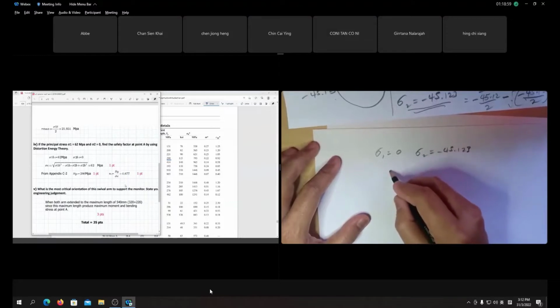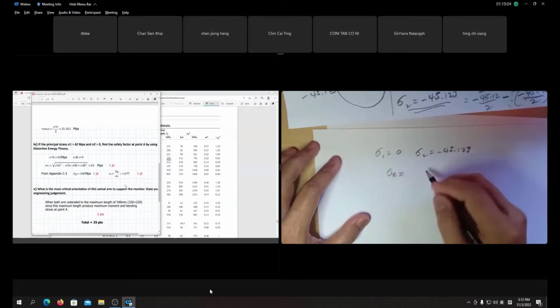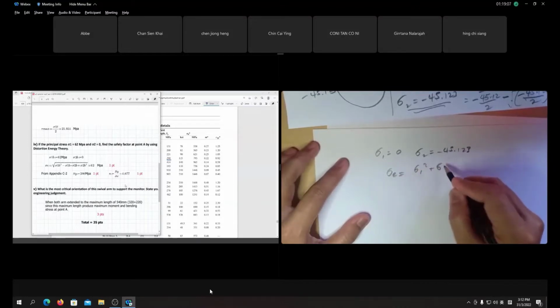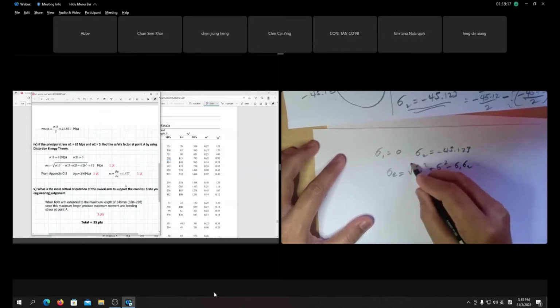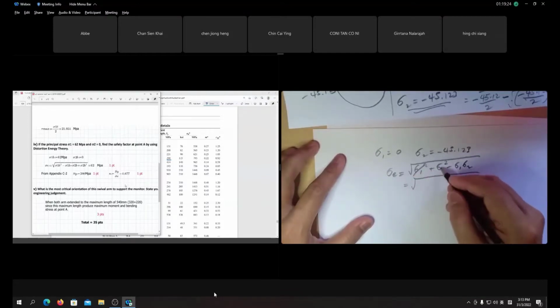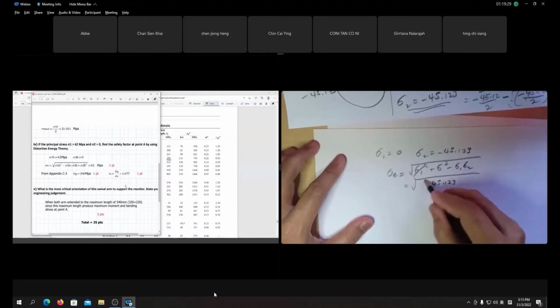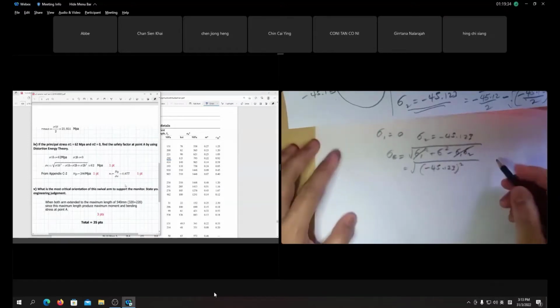So what is our sigma E? Sigma 1 squared plus sigma 2 squared minus sigma 1 sigma 2.